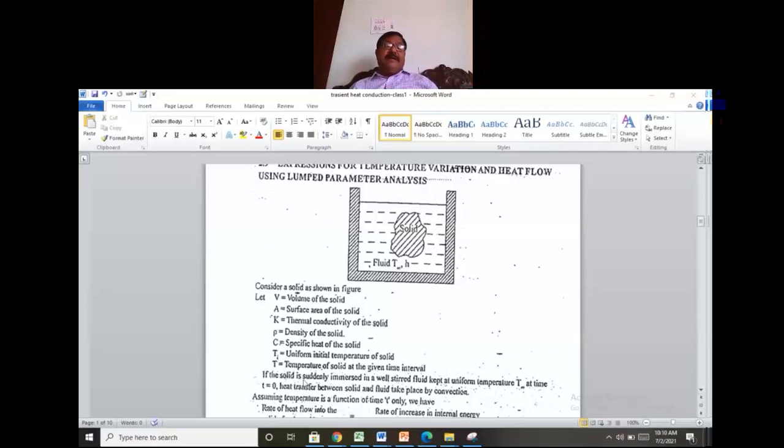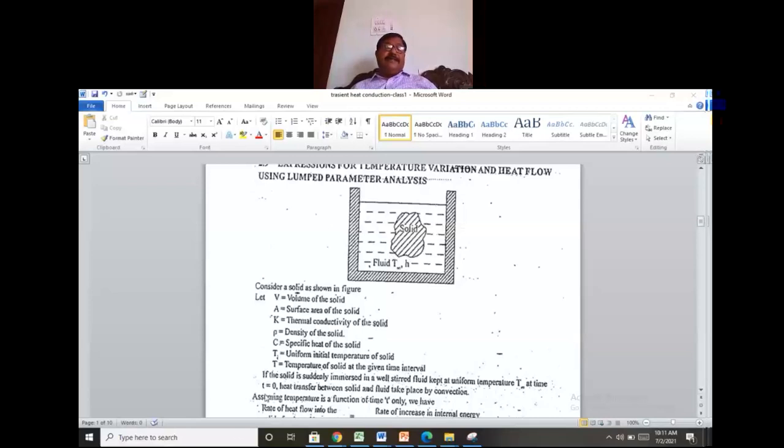The solid is suddenly immersed in a well-stirred fluid, so the fluid temperature is maintained constant at T infinity, and after stirring the temperature of the fluid becomes uniform.